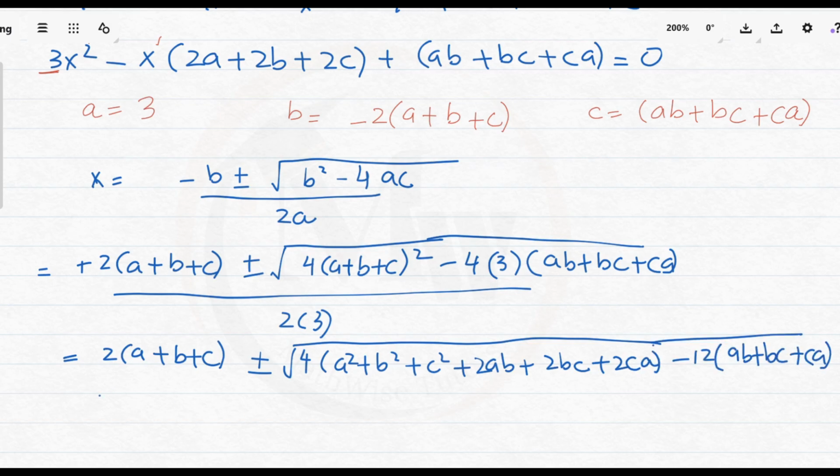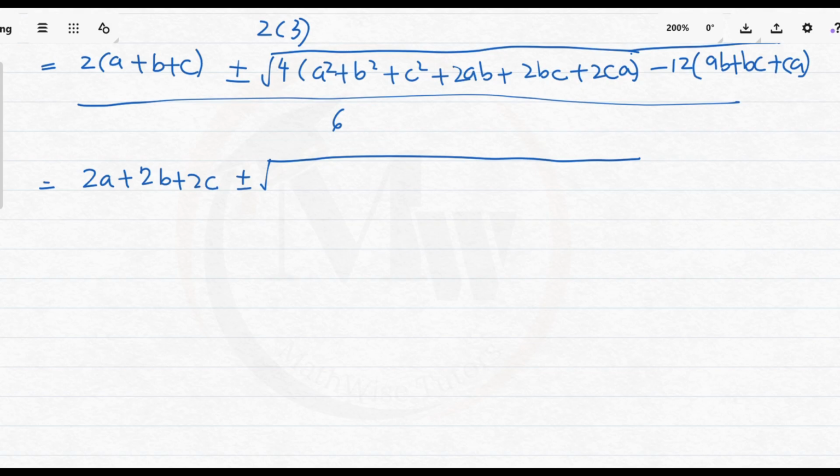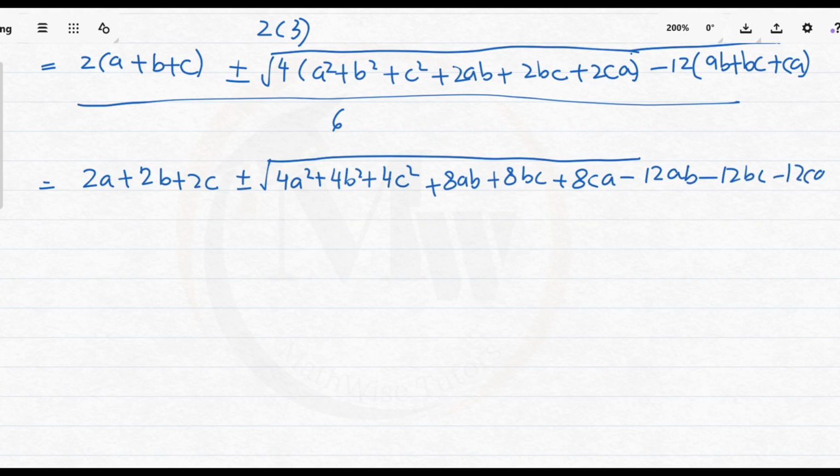More simplification: 2a plus 2b plus 2c, plus or minus, inside the square root we will multiply 4 inside first. So it becomes 4a squared plus 4b squared plus 4c squared plus 8ab plus 8bc plus 8ca minus 12ab minus 12bc minus 12ca, divided by 6.